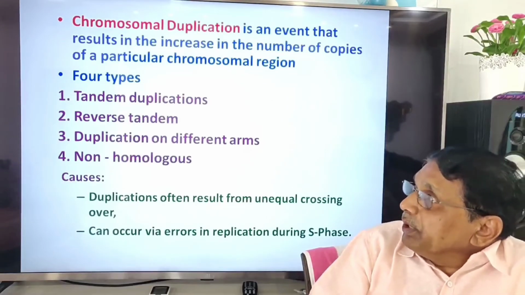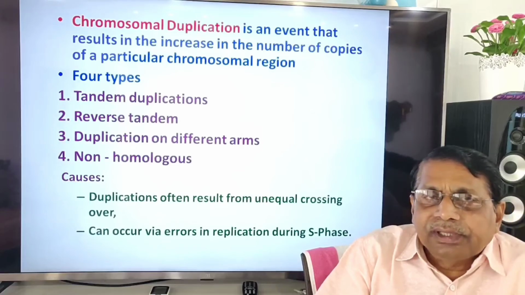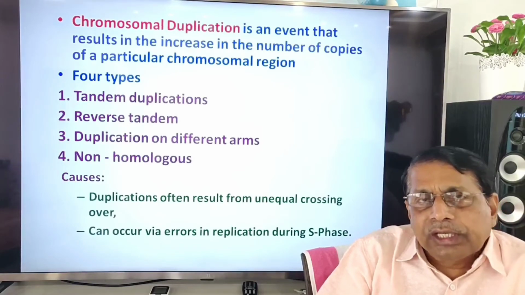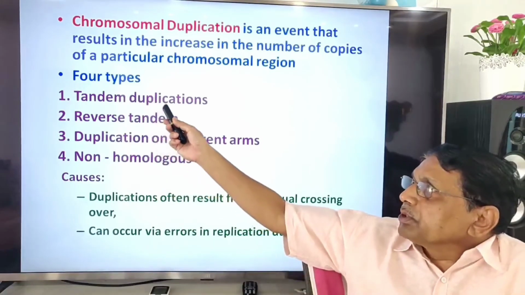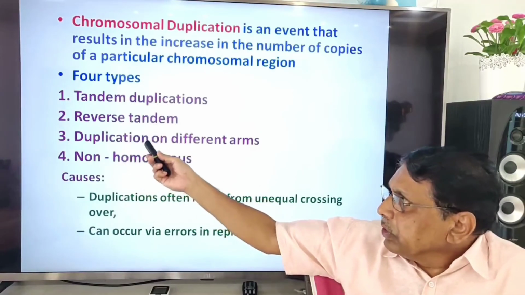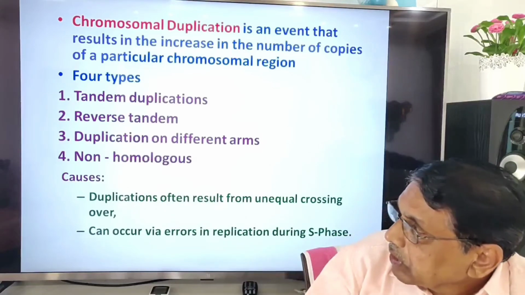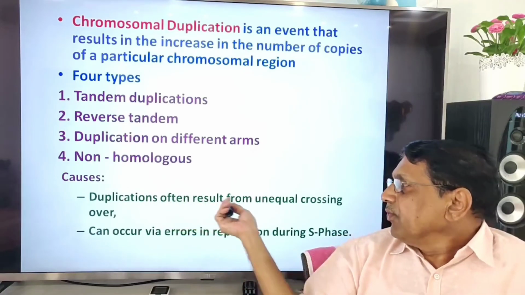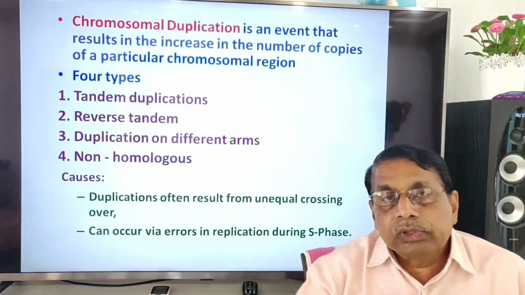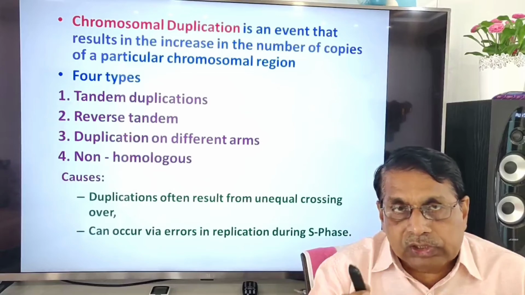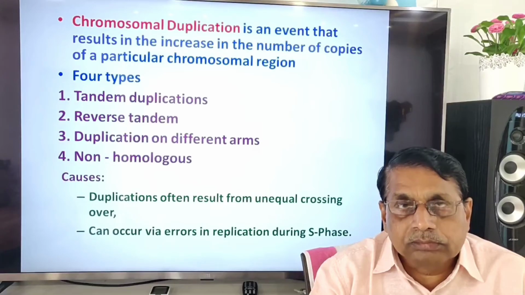Then chromosomal duplications. A, B, C, D, E, F. A, B, C, D, again C, D. The C, D part is duplicated. Four types: tandem, reverse, duplication of different arms, non-homologous. Causes: duplications often result from unequal crossing over during meiosis. The crossing over should be perfect, the exchange should be normal.